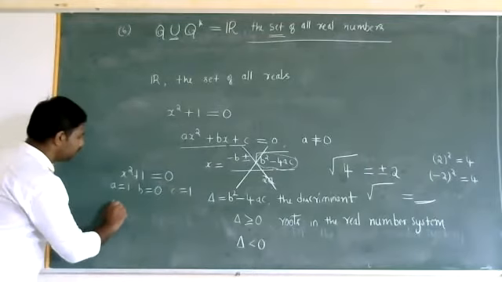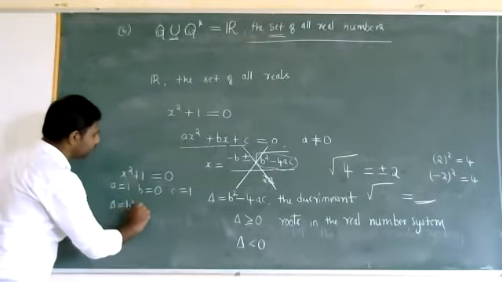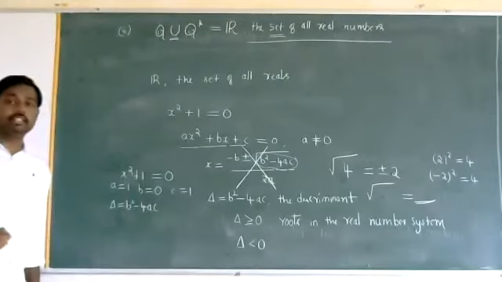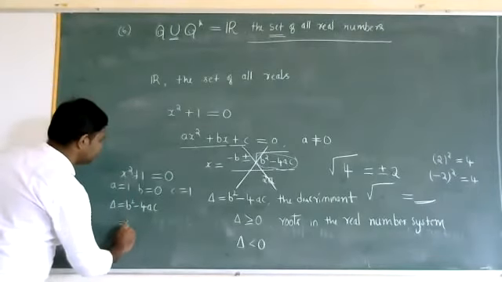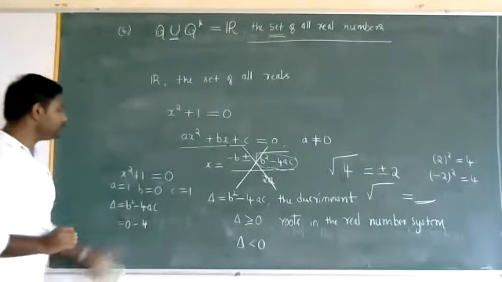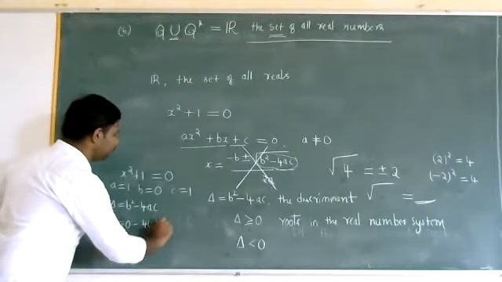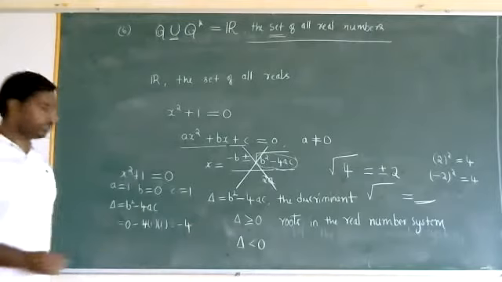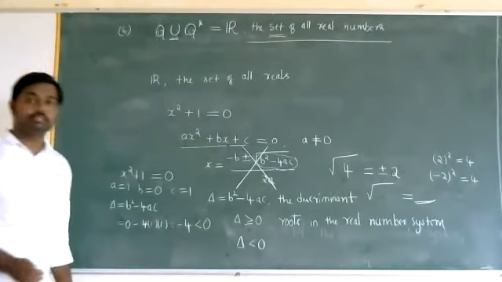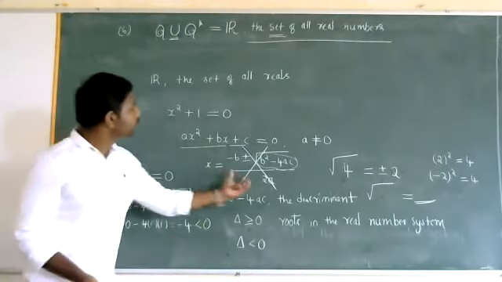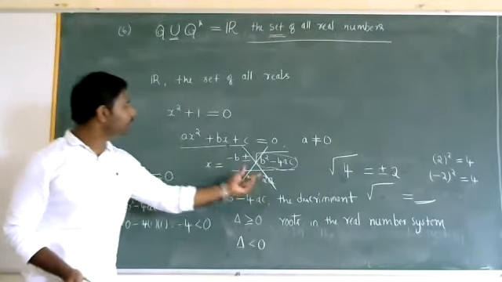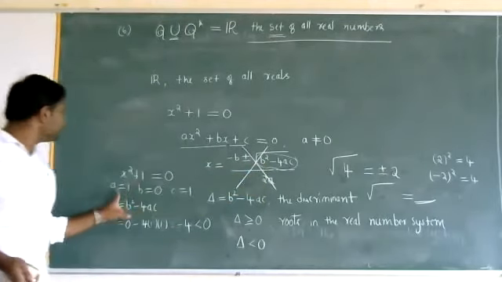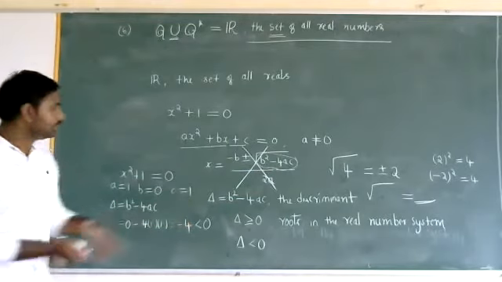So now if I calculate the discriminant b square minus 4ac, it is 0 minus 4 into 1 into 1. It is minus 1, which is negative.